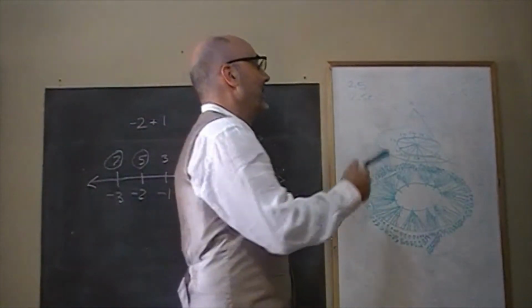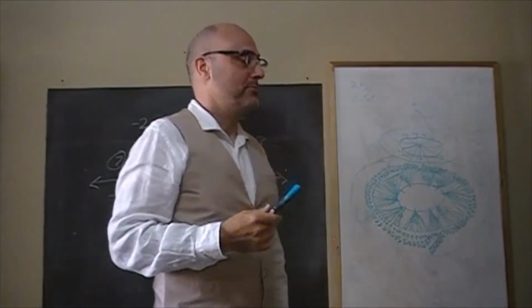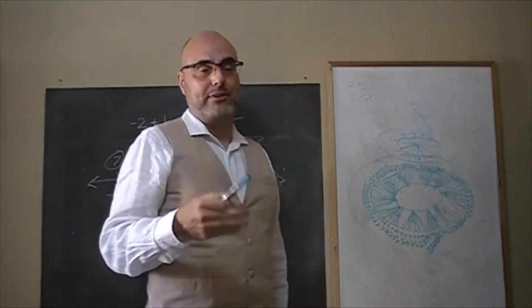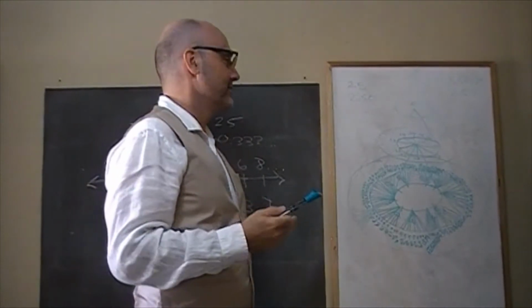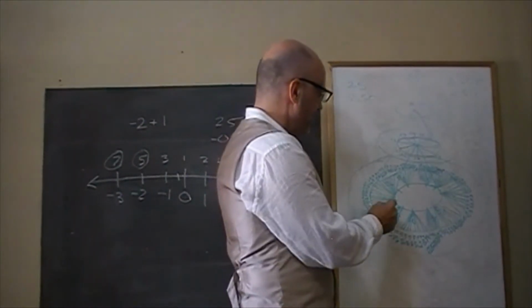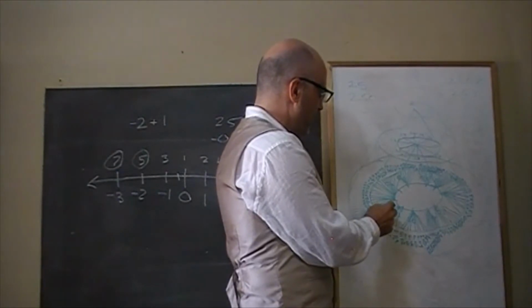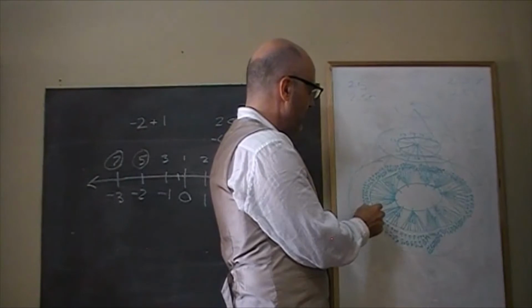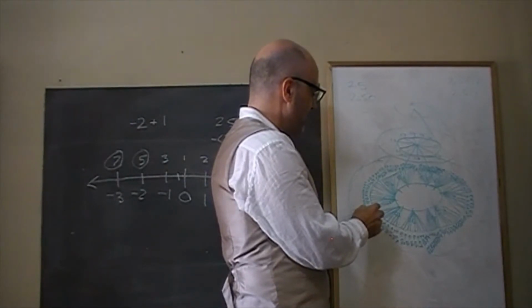So I want to keep track of the zeros, but I don't want to count them if they're at the end. I only want to count them if there's another number that eventually follows it. So when I count these eventually, I'm going to omit all the ones that end in a 0, and those are the ones that I have with the dashed line here.